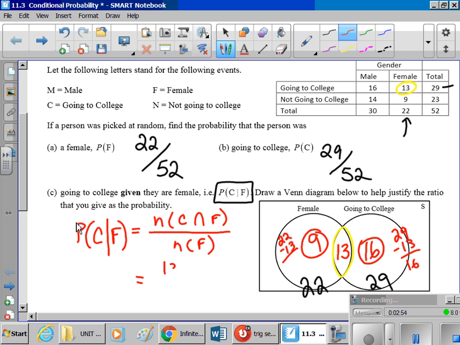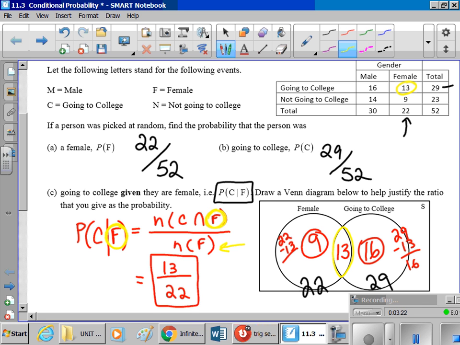That's our 13, both college and female, divided by just the number of females, which is 22. So that's how you find the probability of one event happening given another event happening. In your denominator, it's always going to be whatever your second event is, whatever the given.